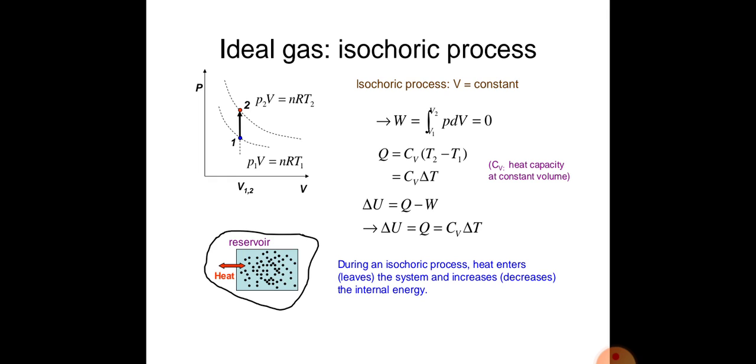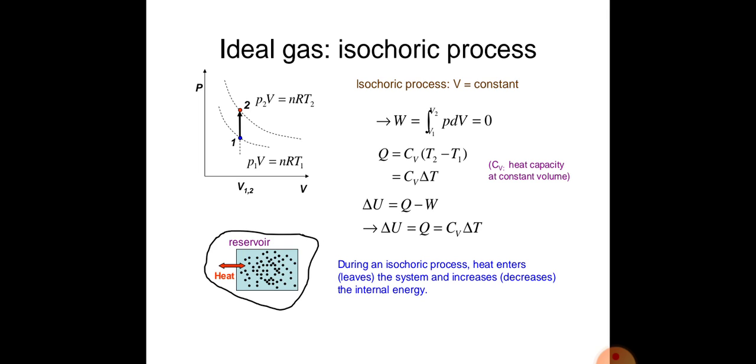The change in internal energy equation is m Cv dT. We consider m equal to 1, so we get the internal energy value, where Cv is the heat capacity at constant volume.